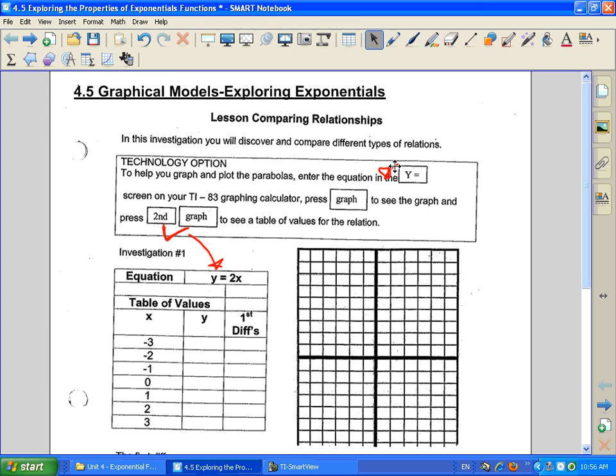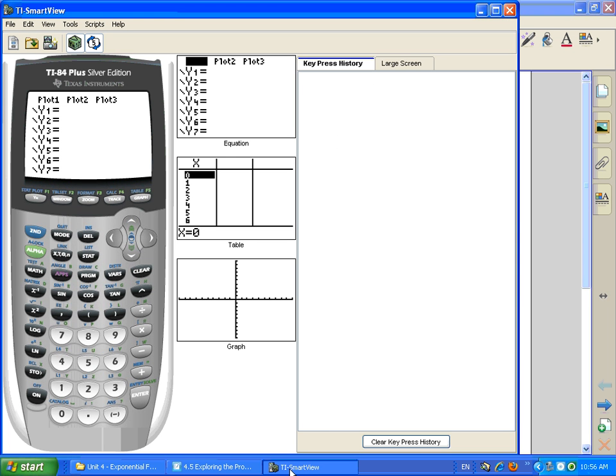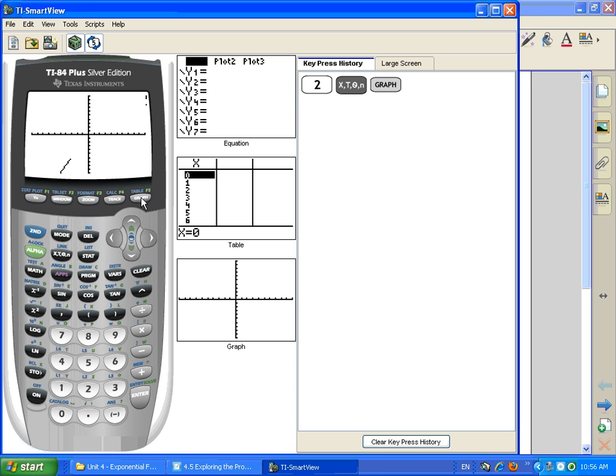So let's show you how it's done on the graphing calculator. Our first equation that we want to enter in is y equals 2x. So we've got the y equals already. We're going to go 2 and the x, t, theta, n button. Okay. Then we press graph. And we notice, hey, it's a straight line. To find our table of values, we go second graph.